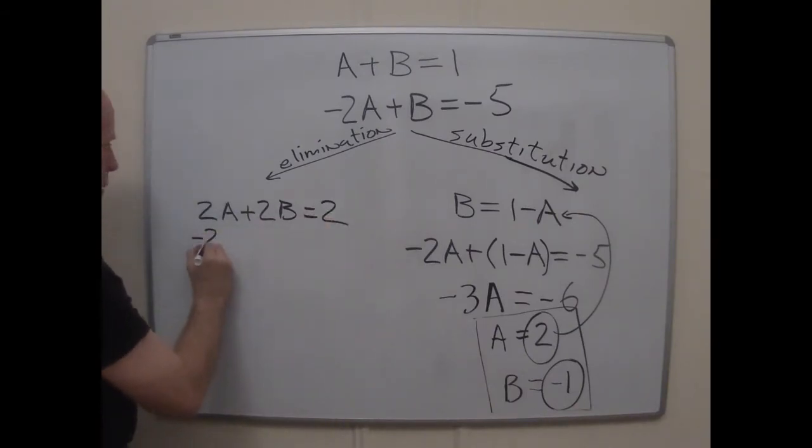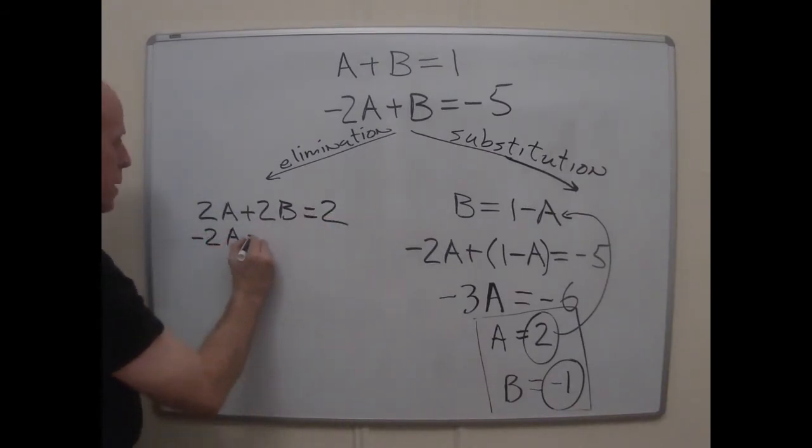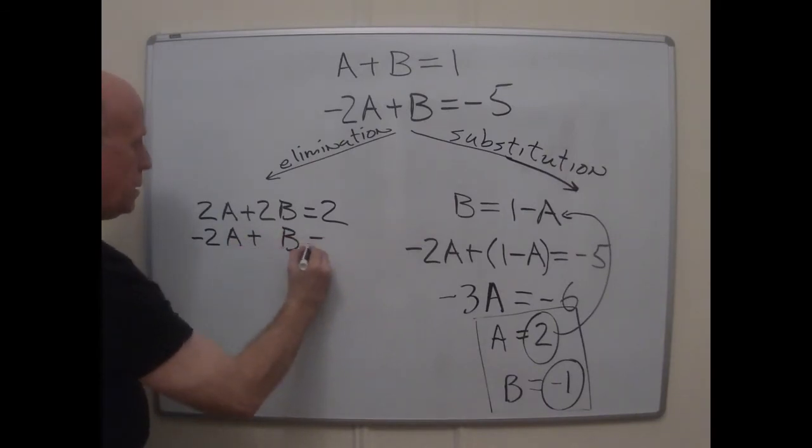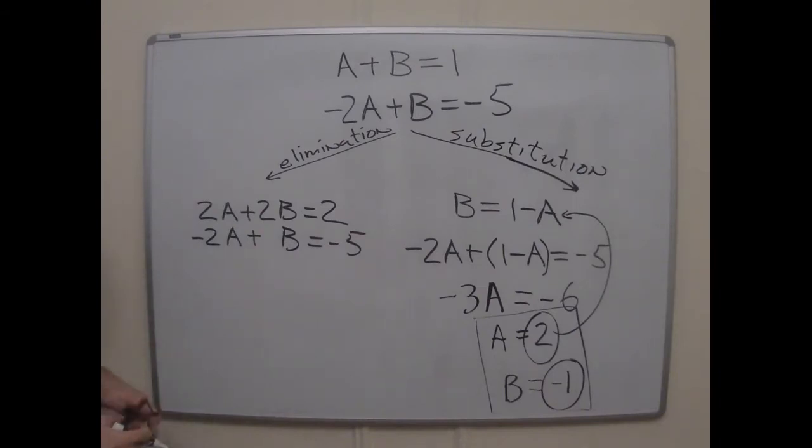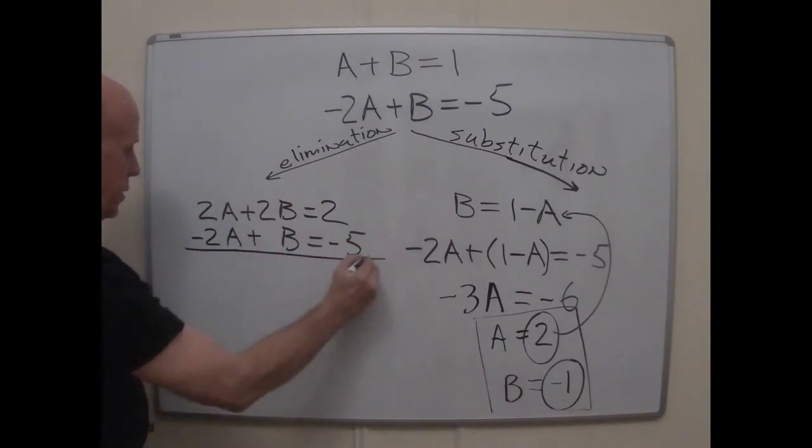And then the other line I'll leave the same, minus 2a plus b is equal to minus 5. You can always make this sort of thing happen. Find an appropriate number to multiply one equation by to make it so that when we add the equations, things will just go away.